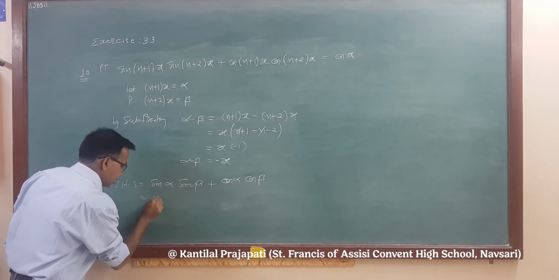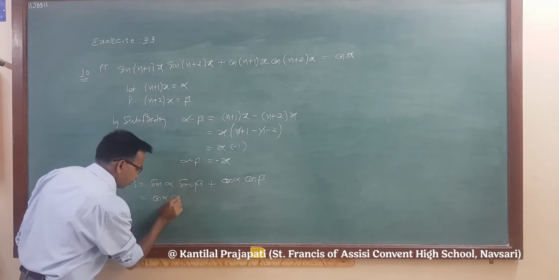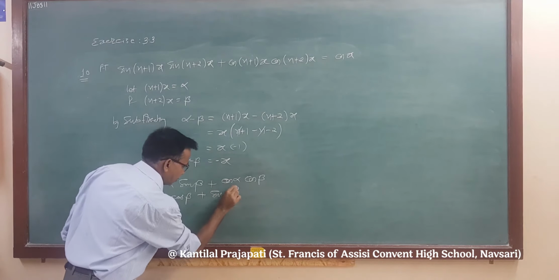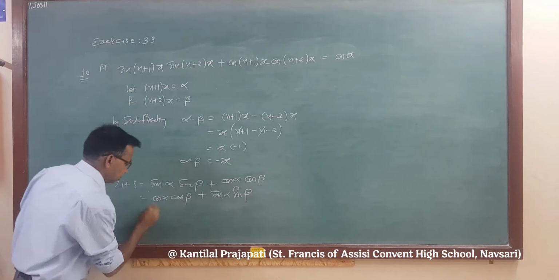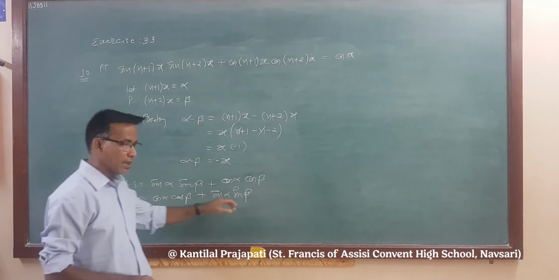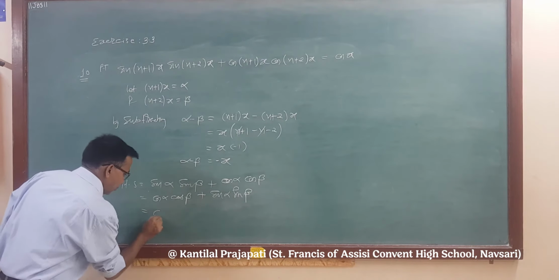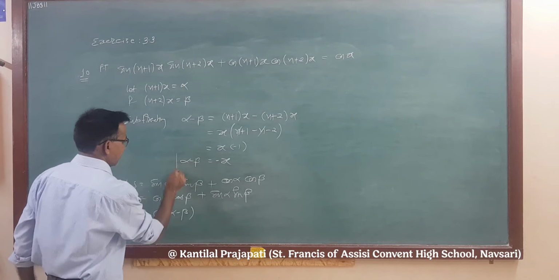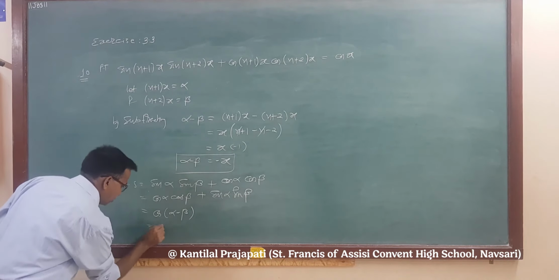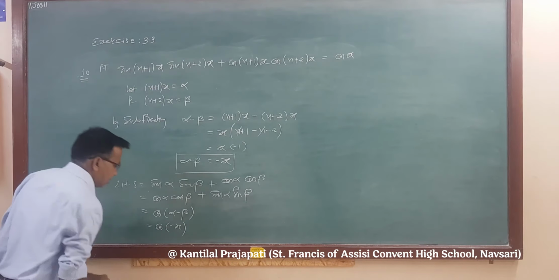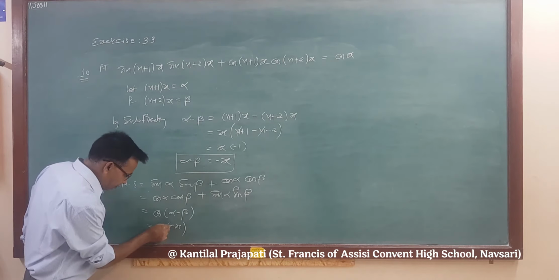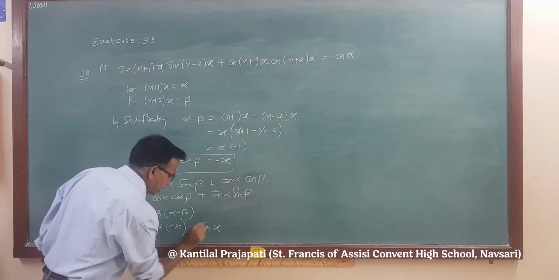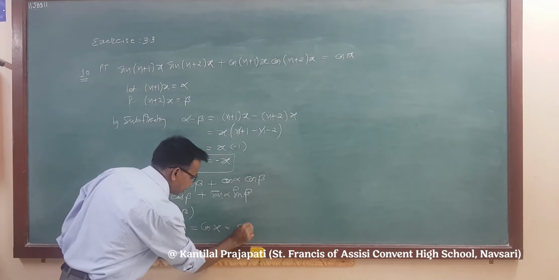We arrange the terms, first cos alpha cos beta, to set in a formula, plus sin alpha into sin beta. So this is nothing but cos of alpha minus beta. Right? And cos of alpha minus beta we have derived is what? Cos of minus x. Now we have also learned that cos is an even function, and cos of minus x will be written as cos x, which is again the RHS.